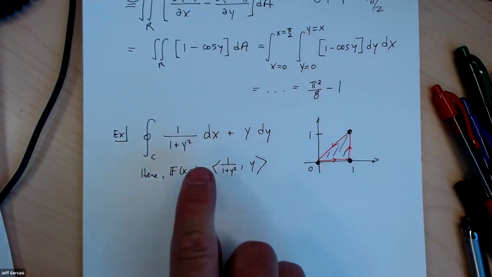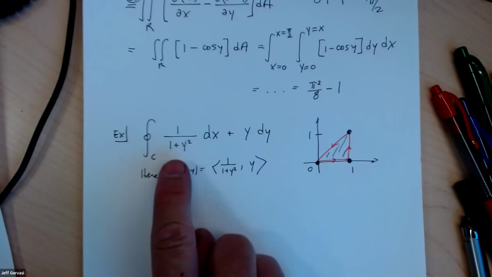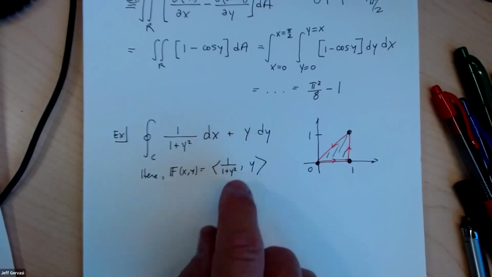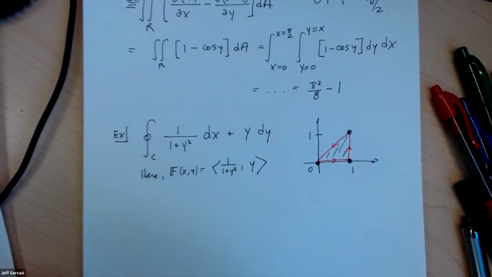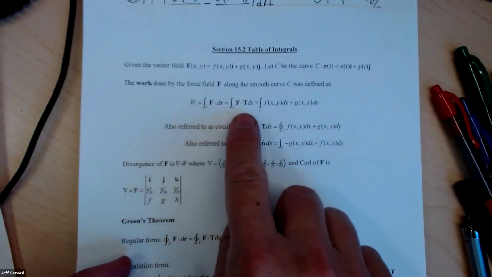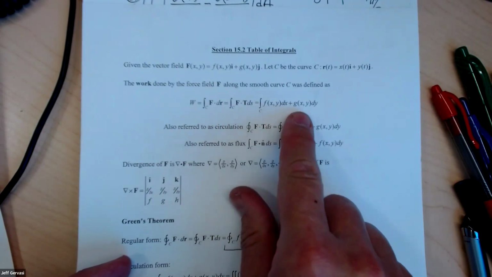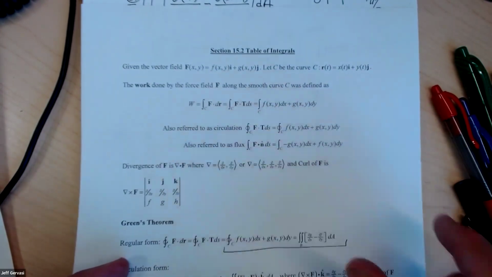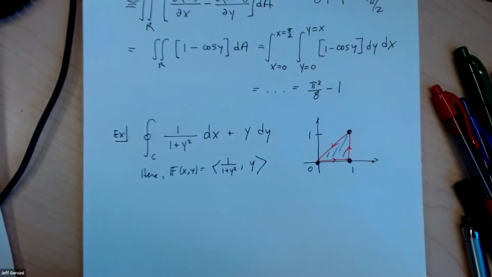Again, I'm getting those directly from the line integral itself, right? My line integral is the differential form of the line integral. Okay, in other words, let me show you, just as a reminder, this one right here. Okay. All right. So let's see.